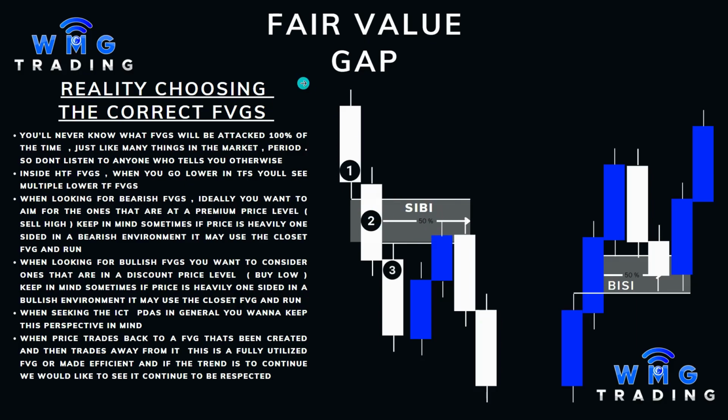Especially if it just took buy stops, shifted market structure, created a breaker, and now price retraced back into it. Or this could be an order block here. The low of the order block could be right here at the 50% or at this lower portion, and then you pair the order block and the fair value gap together. That's one of those reasons why price doesn't have to fully deliver the fair value gap.